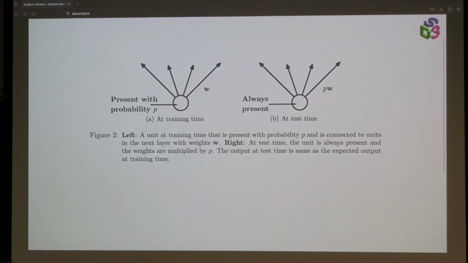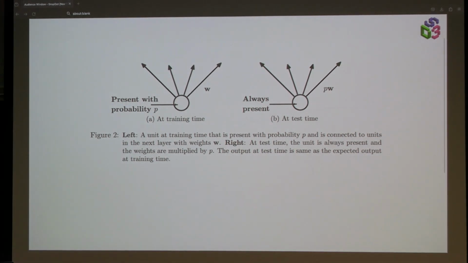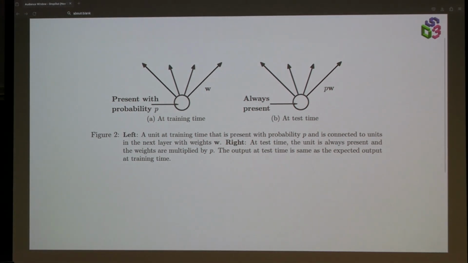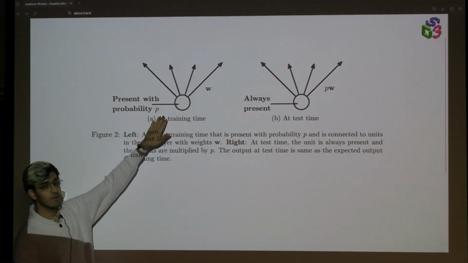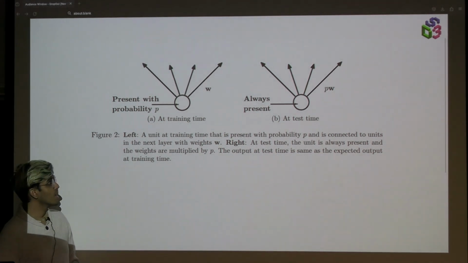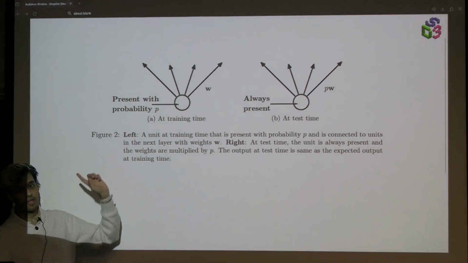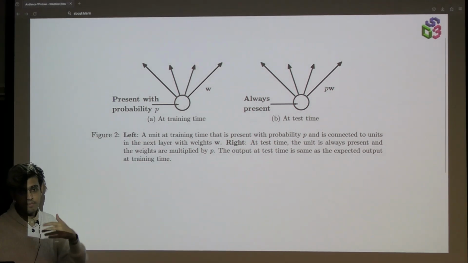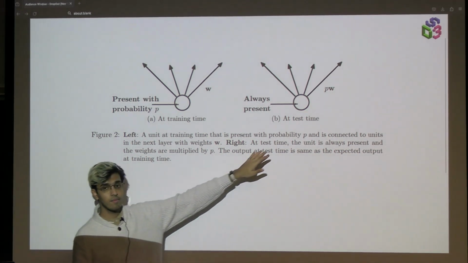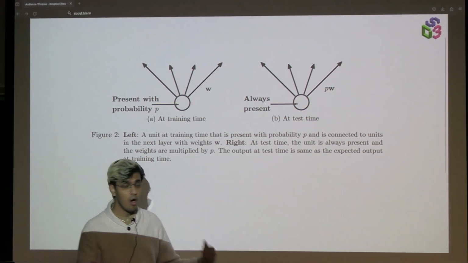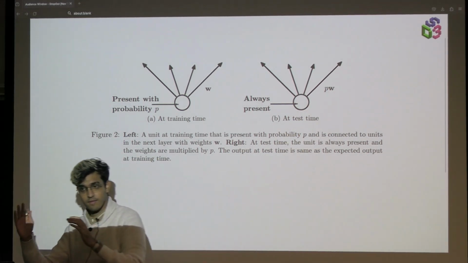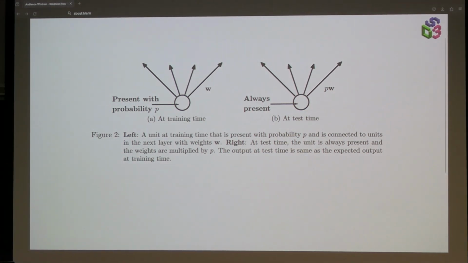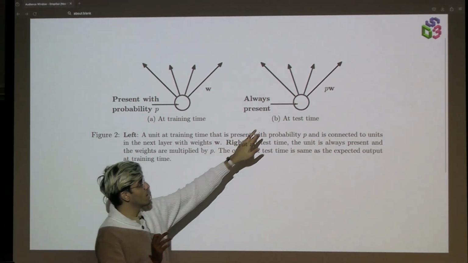And this is basically talking about how we're accounting for every unit being present. So during training, of course, this particular unit is only present with some probability P. And only with that probability P does it actually provide output, times the weight to the next unit. But at testing time, this unit is always present.